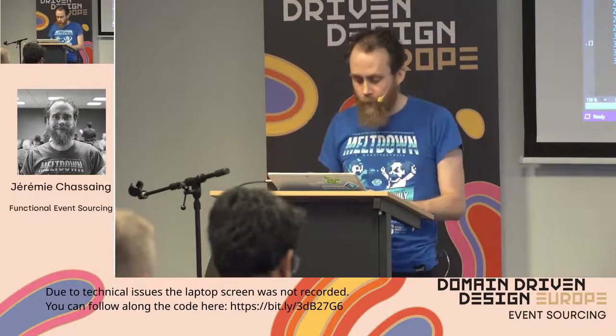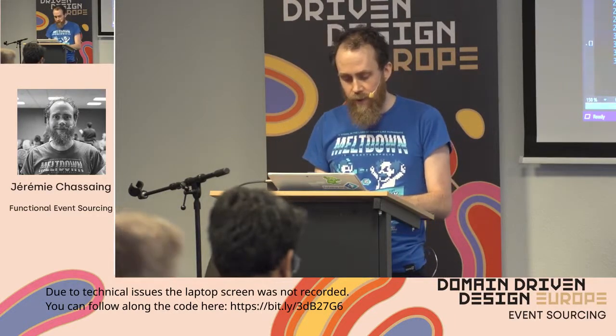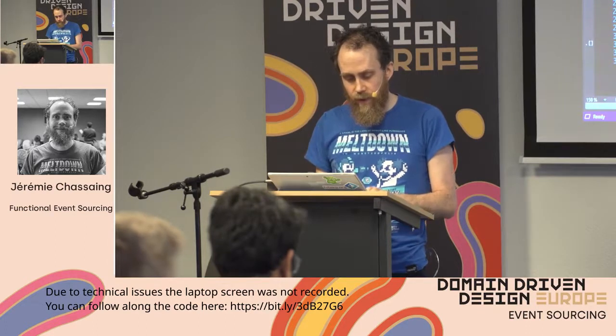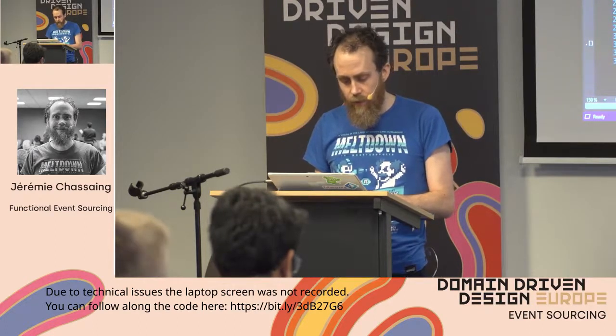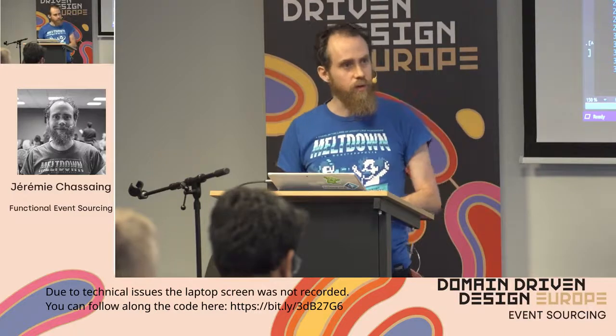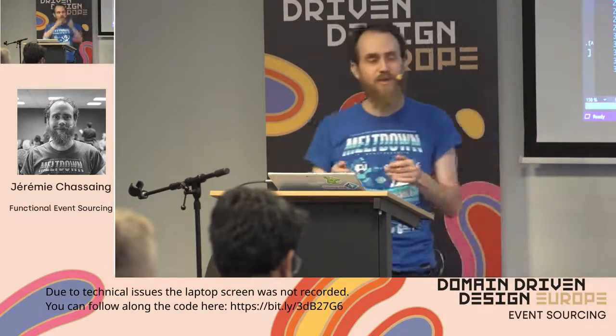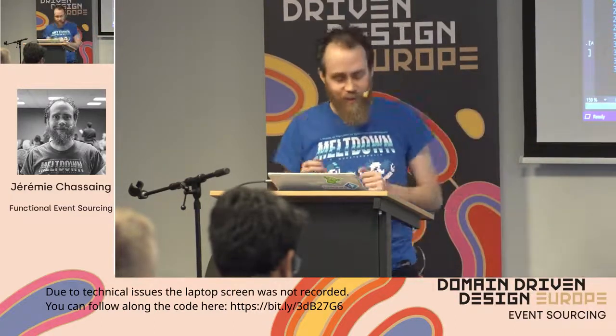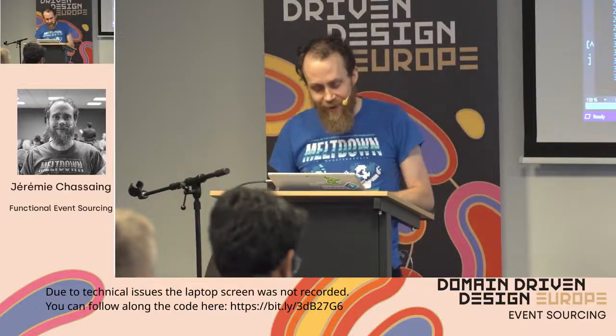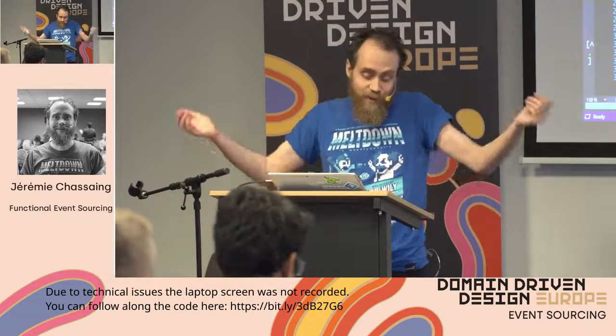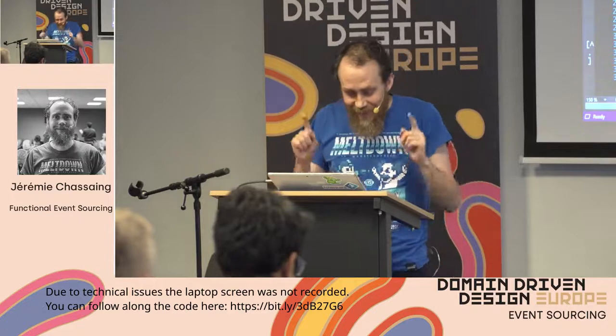Now I just have to check that the event list is the one I expect, so I will just say equal, double equal, to equal. This is just for alignment. You don't need that, but it's nicer to read. So I just say equal is equal to equal. Okay, I wrote it.